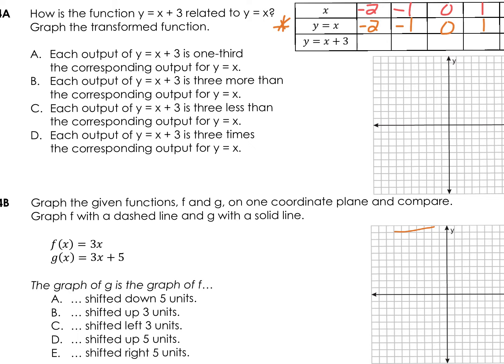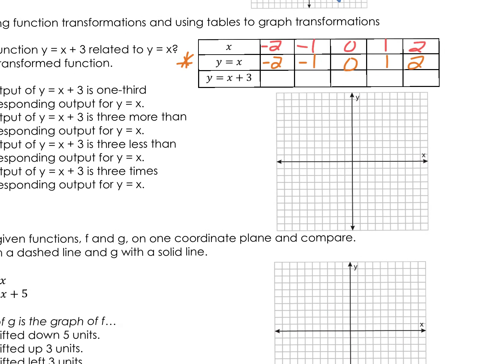All right, so that's just so it's easier for me to graph. So then -2, -2, -1, -1, 0, 0, 1, 1, and 2, 2. And then you can finish out that pattern because it'll help you create a straighter graph.